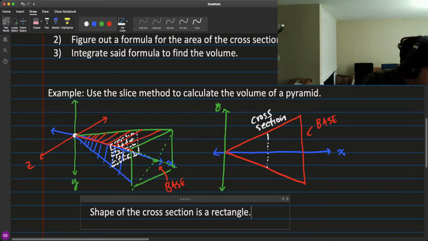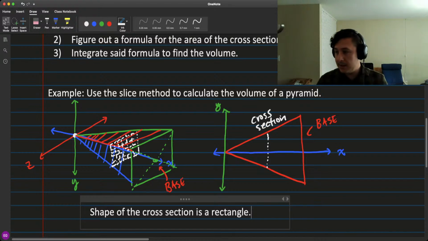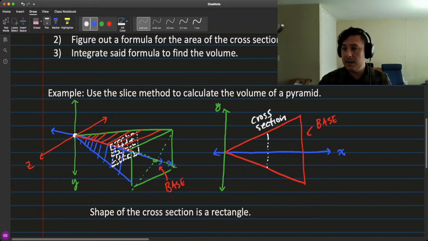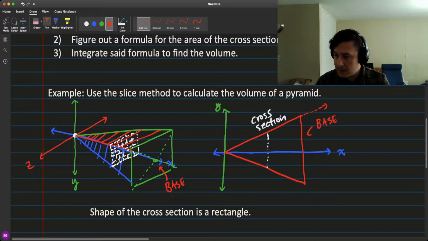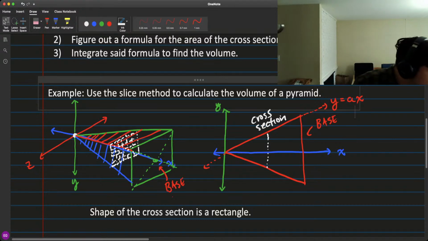So let's say here's a line. This would be y equals ax.